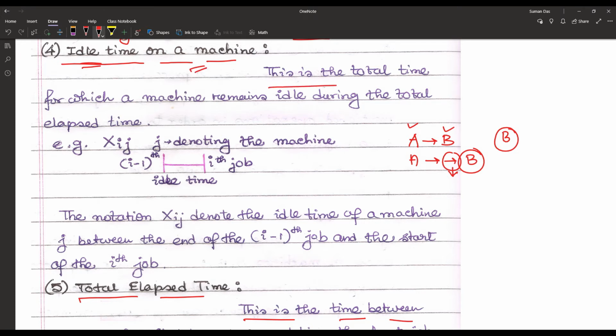This is the total time for which a machine remains idle during the total elapsed time. Suppose that is the ith job, so the idle time is between the (i minus 1)th job and the ith job. That is the idle time for the machine, and it is denoted by capital Xij, where j denotes the machine.